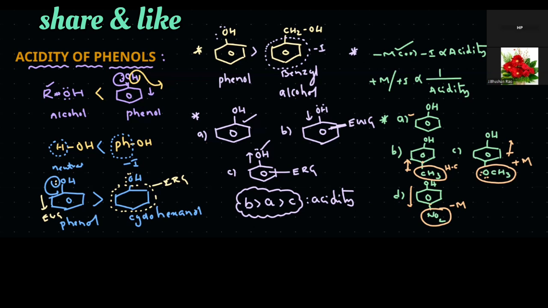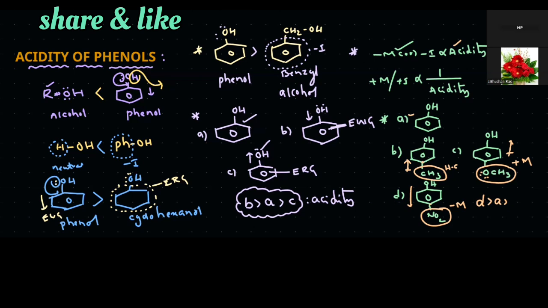Electron withdrawing groups always increase the acidic strength. So the first option, D, is more acidic than all the remaining. After that, B and C are both electron releasing groups. So A is the more acidic. A is more acidic. Next, D, A, and after that these two.